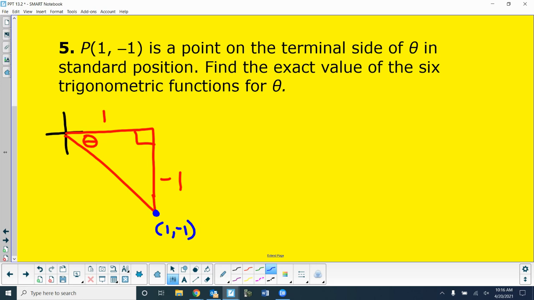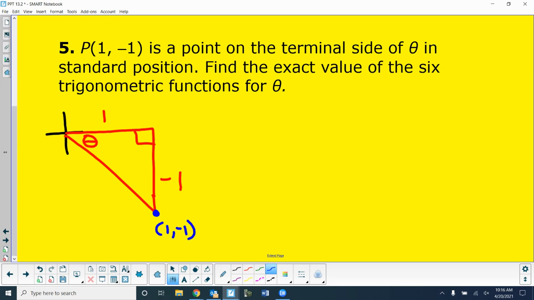From the point to the origin is always the hypotenuse. We called it R yesterday. Then the X value of the point is your adjacent side, and your Y value is your opposite side. You get those 2 numbers from the point. Do we understand the picture?